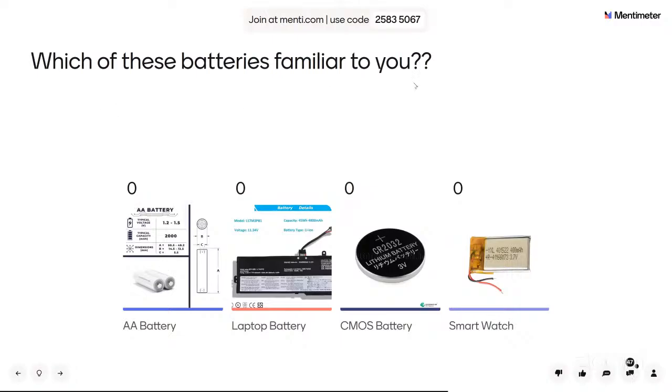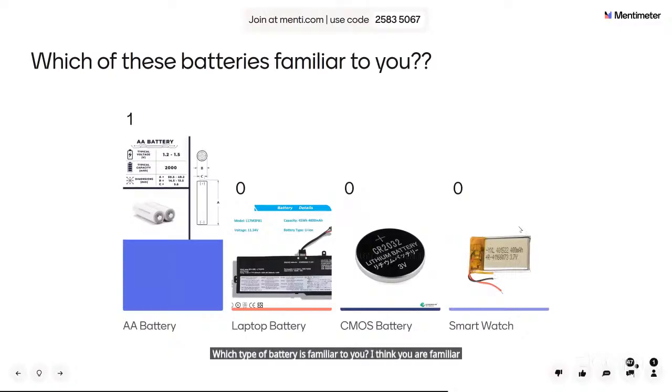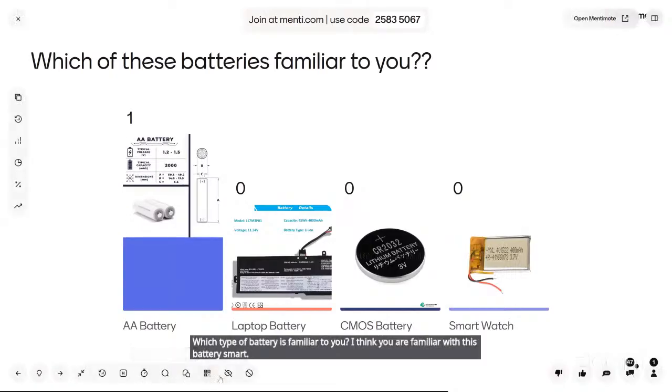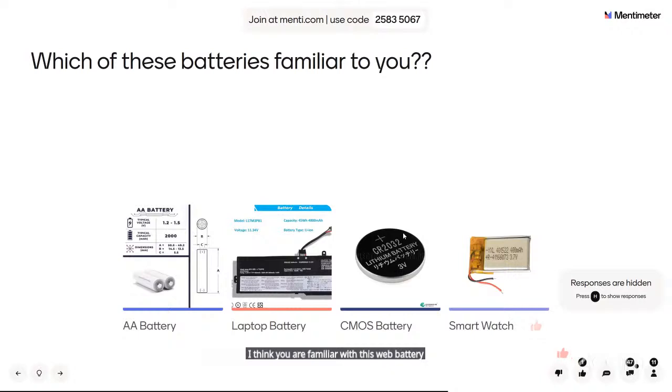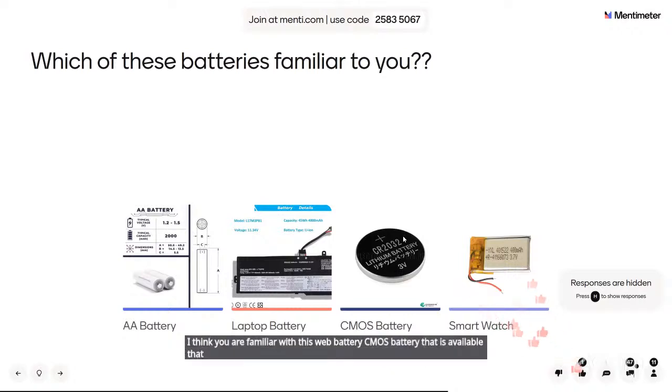Which type of battery is familiar to you? I think you are familiar with this battery, smartphones. I think you are familiar with this battery, the CMOS battery, that you insert in a weighing machine or CPU or laptops.